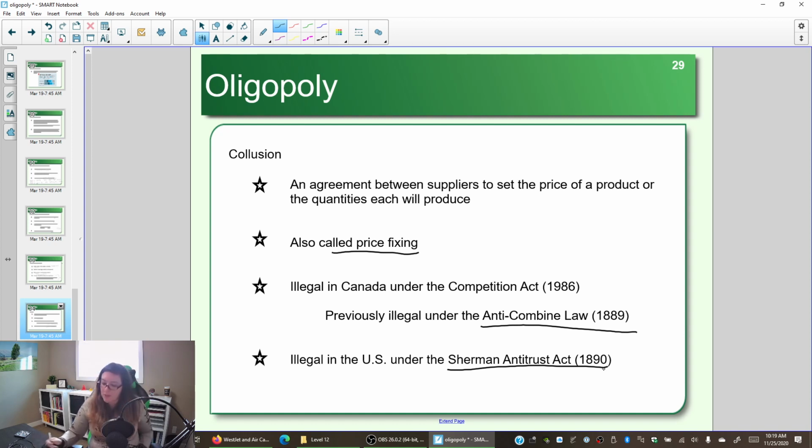For example, under the anti-combine law, there was a lawsuit brought by Dominion Wholesale Grocers Guild. Okay, so this is an organization of grocery stores. And they were being sued by the government for price fixing on tobacco and sugar and pickles. The way that it worked is that if you wanted to be a member of this guild, you had to agree to certain prices on products.